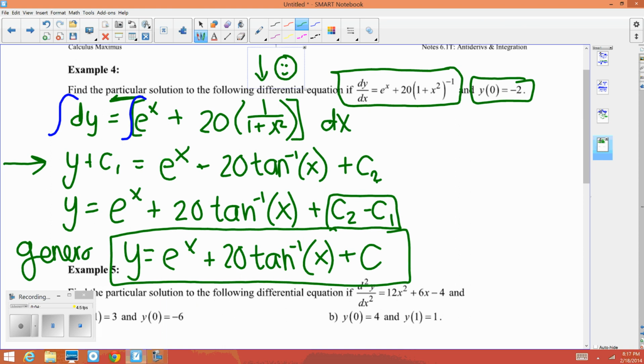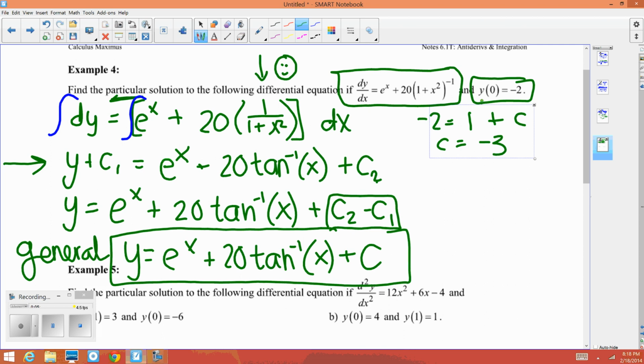Now, this isn't what we were looking for. Now we have to use that information. So negative 2 equals e to the 0, which is just 1. Arctan of 0 would be 0, so that part we don't need, plus c. So it looks like our c value is negative 3.